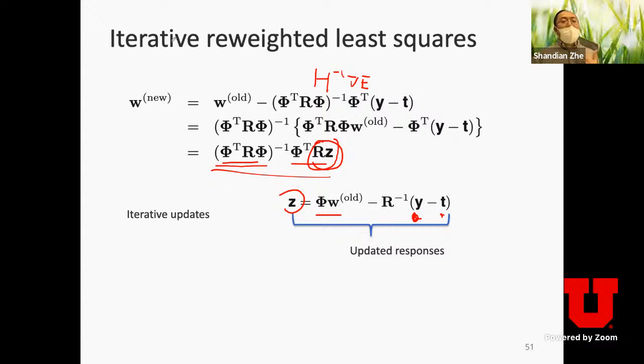That's why this is called iterative reweighted least squares. But you cannot do it in one step because every time your R and Z are changing. You have to update your W, then update your Hessian, update your updated response, and then do this update until convergence. Even so, this is quite fast, as compared with the standard gradient-based approach.